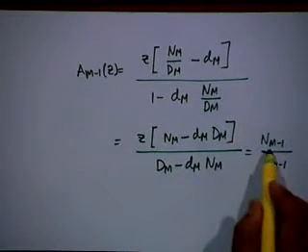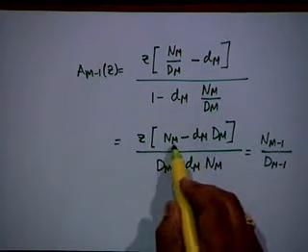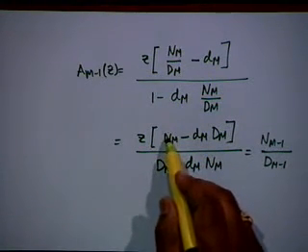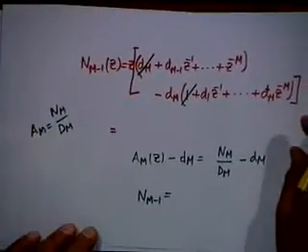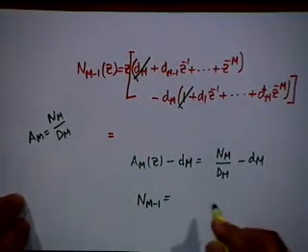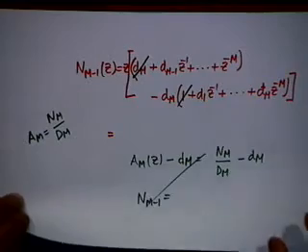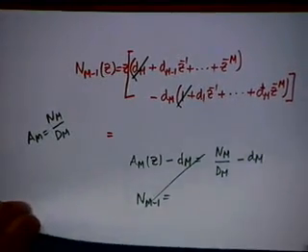Agreed? And this is N_{m-1} divided by D_{m-1}. Therefore, N_{m-1} is given by the numerator of mth order minus dm multiplied by the denominator, and this is what I did here. Okay, so dm and dm cancel, and what do I get after simplification?